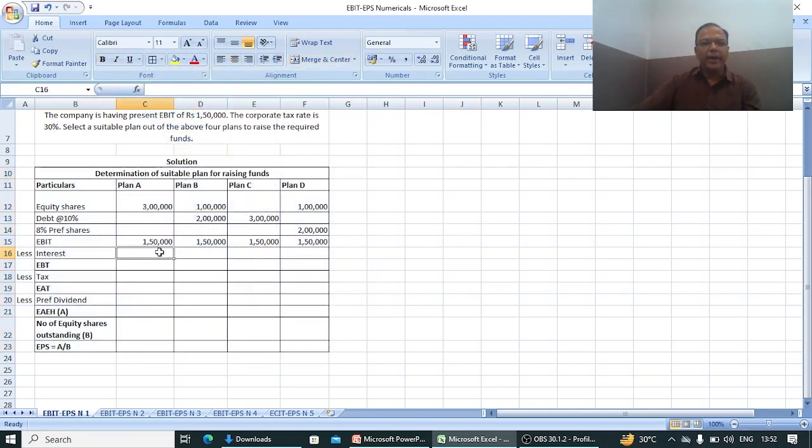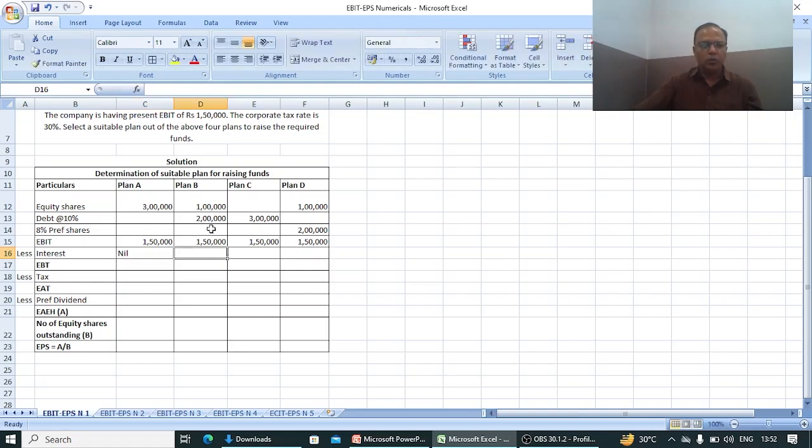Now, interest. In plan A, as you know, you collected rupees 3 lakh by issue of equity shares, so interest burden is 0 here.